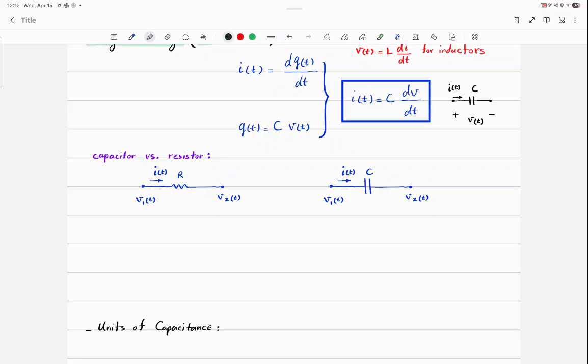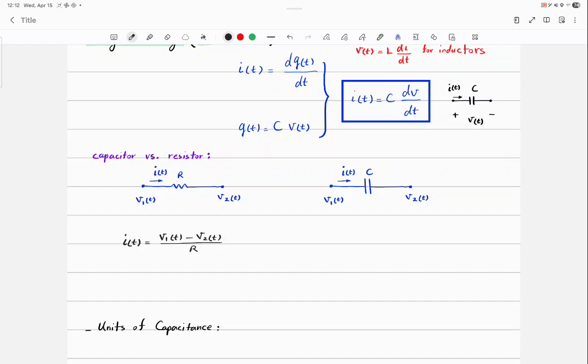In less than 5 seconds, tell me the relationship between the 4 quantities in the left circuit. So I_T is equal to (V1 minus V2) divided by R. If you don't want to answer for any reason, it's perfectly fine.